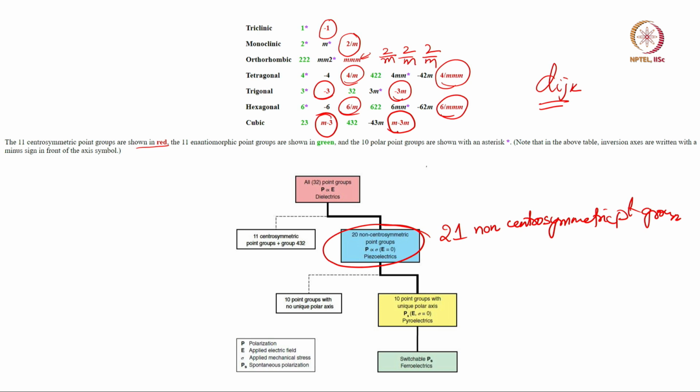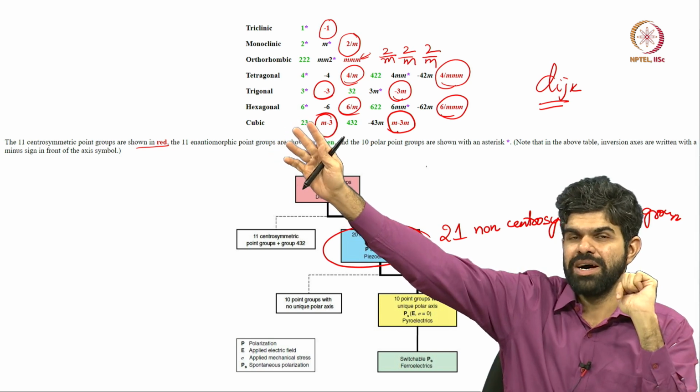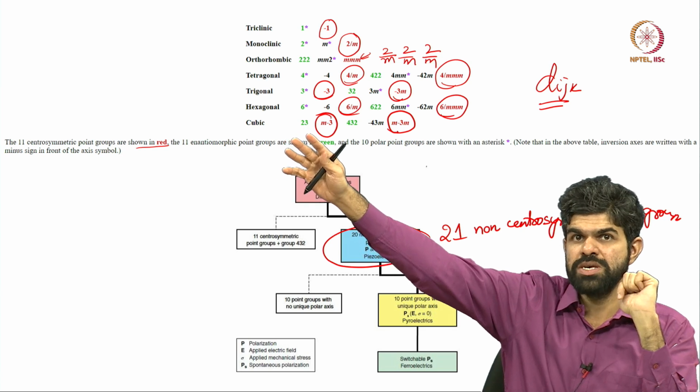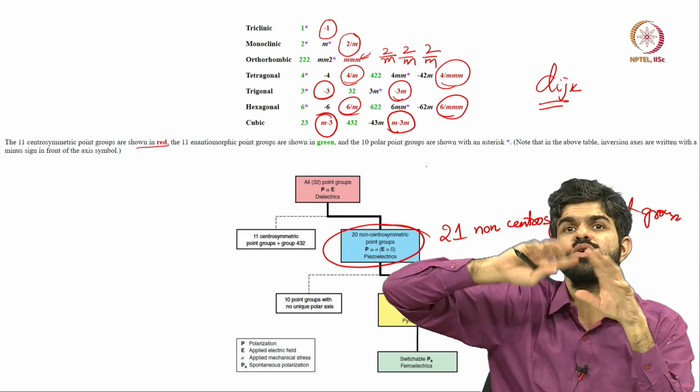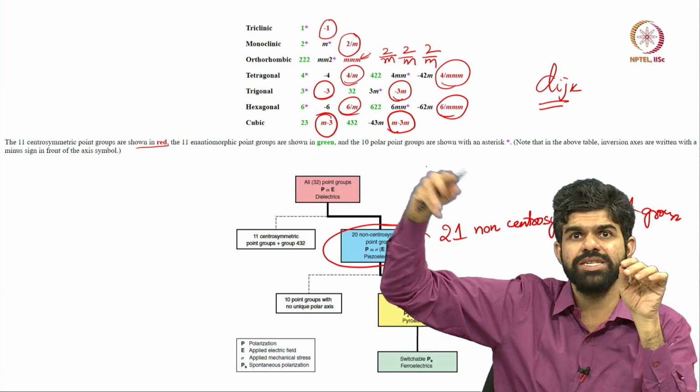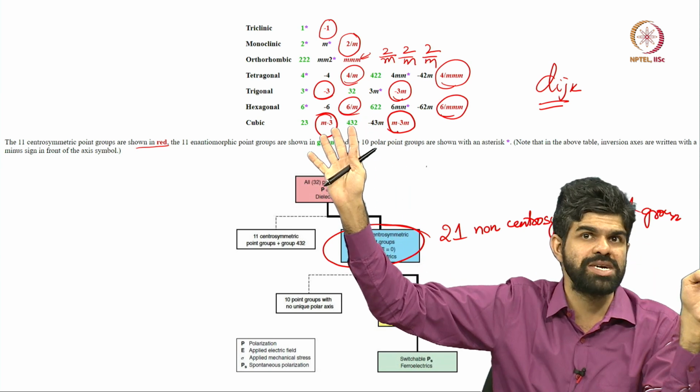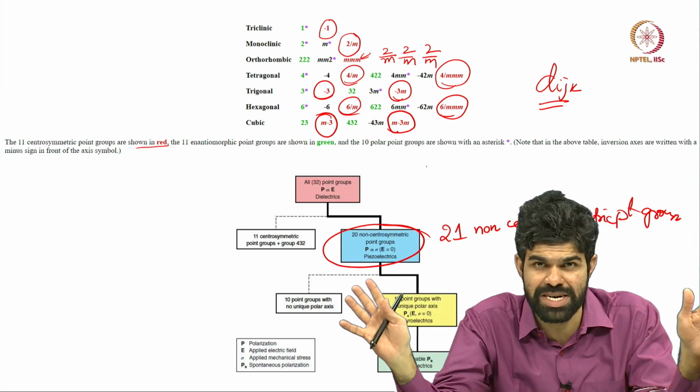I should still measure it, that is a different problem, but I will suspect piezoelectricity and select that. If the underlying point group belongs to the other 11 point groups, then I will just throw that material away. I am not going to measure anything, I will just say that symmetry forbids it.